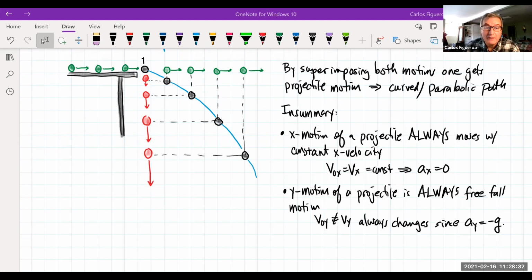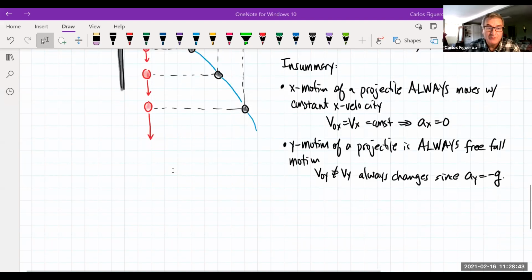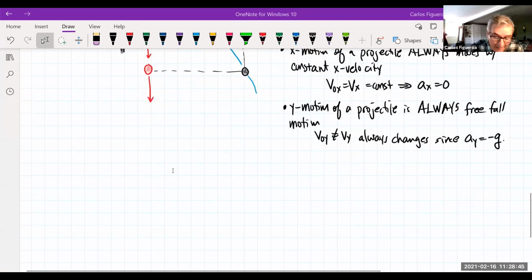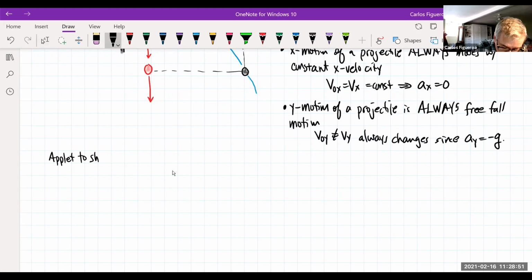And what I'd like to do here is set you up so that I can try to make it really clear. I'm going to use an applet to show the superimposed motions.